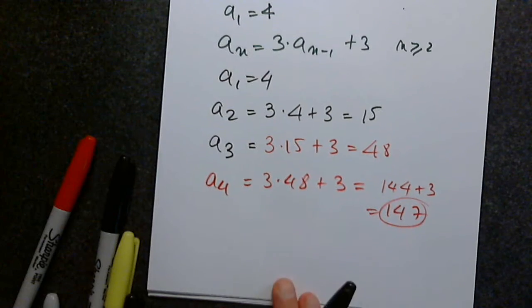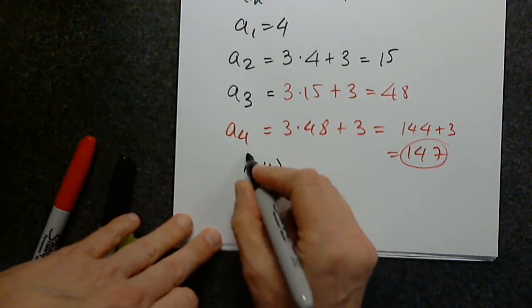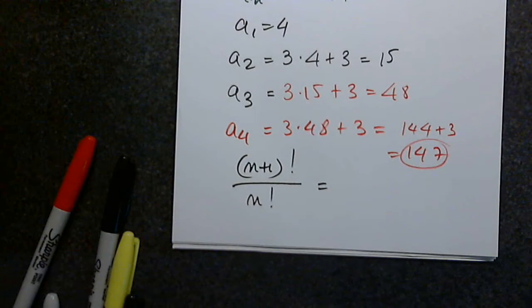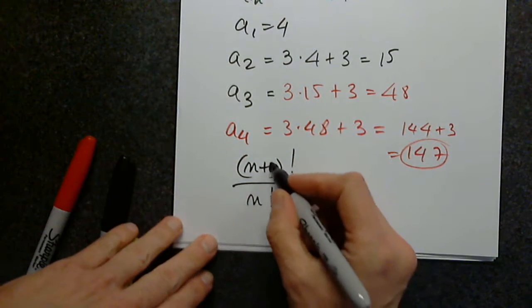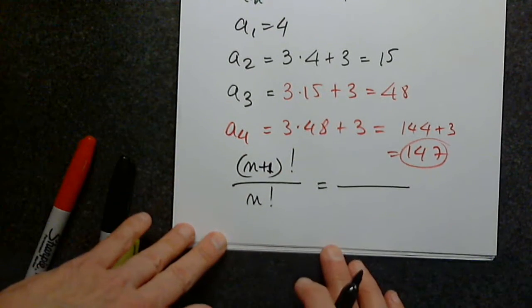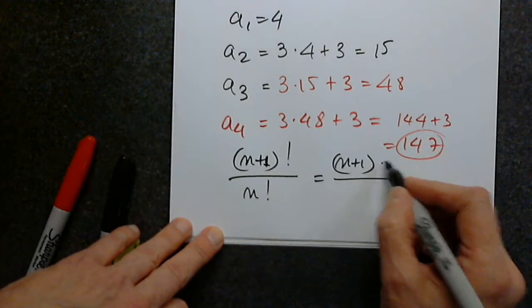Let's simplify the factorials now. n plus 1 factorial over n factorial. So which of these two is bigger? n plus 1. Good. So how will you write n plus 1 factorial then? n plus 1 times n factorial, and then n factorial.